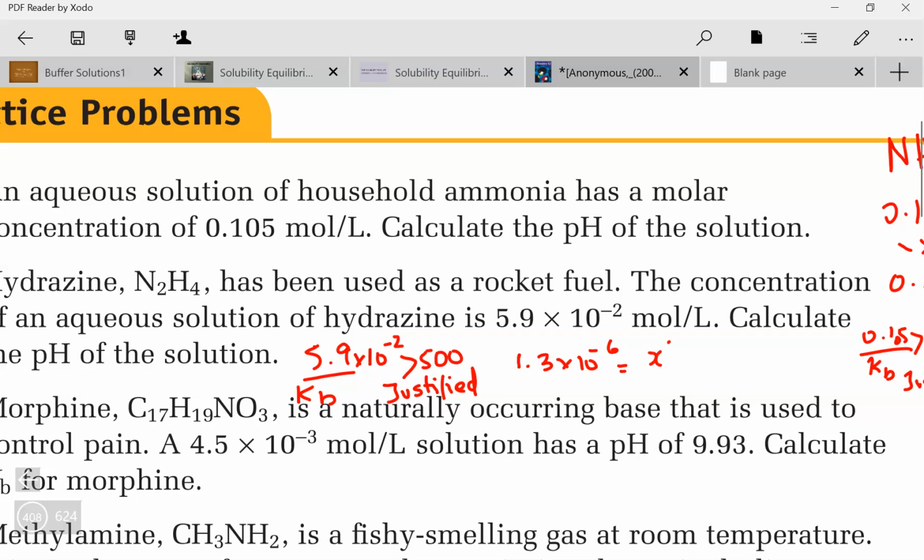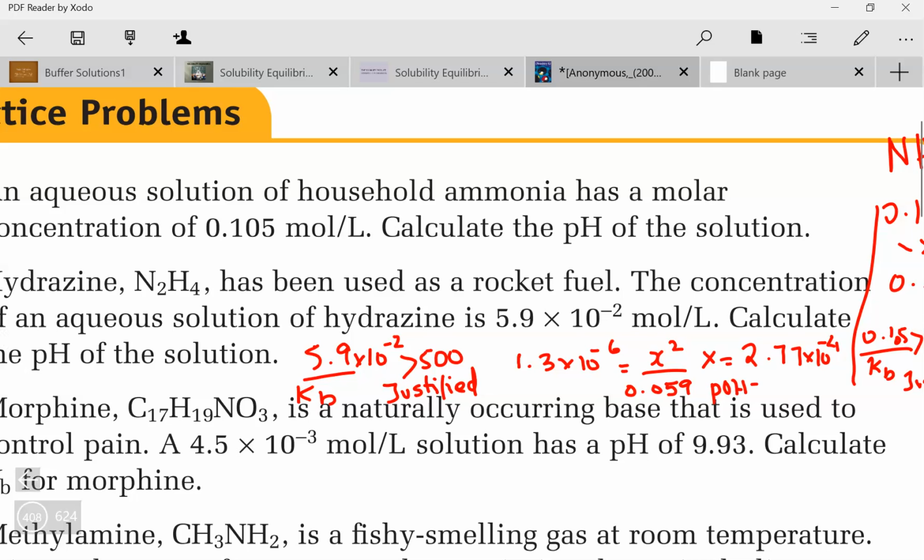KB equals x squared divided by 0.059. And I get x equals the square root of 1.3 times 10 to the power negative 6 times 0.059, which is my OH minus concentration, 2.77 times 10 to the power negative 4. pOH is negative log of that.